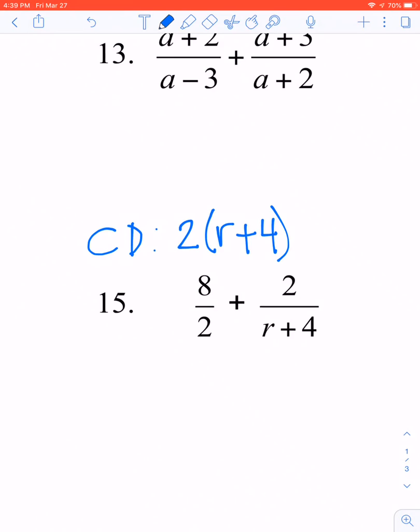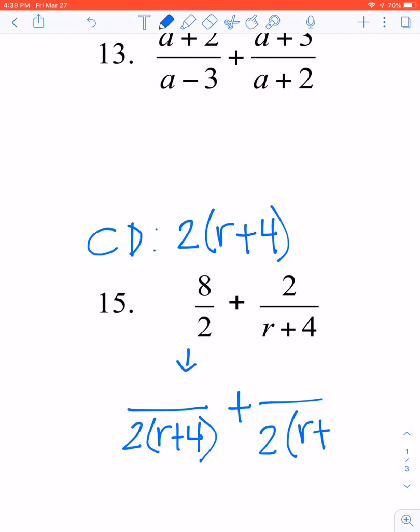So we know that our new fraction is going to be something over 2 times r plus 4, and the same thing over here. Now we need to multiply 2 times something to get us 2 times r plus 4, and that will be r plus 4.